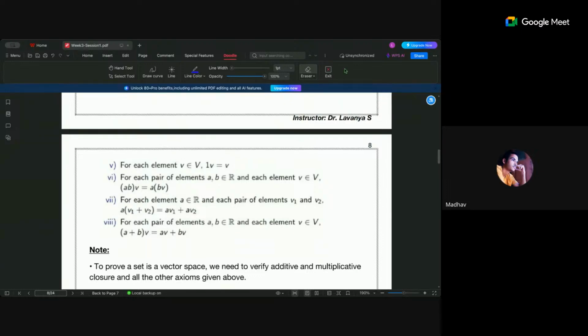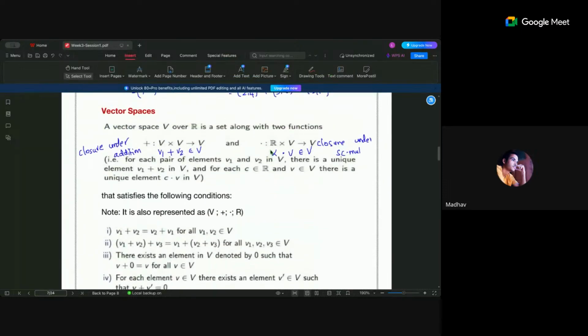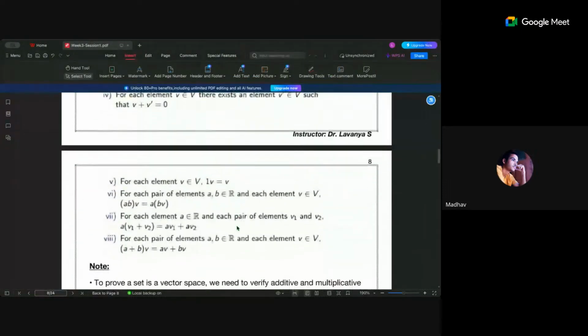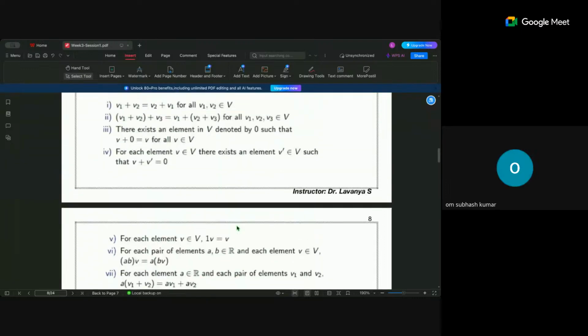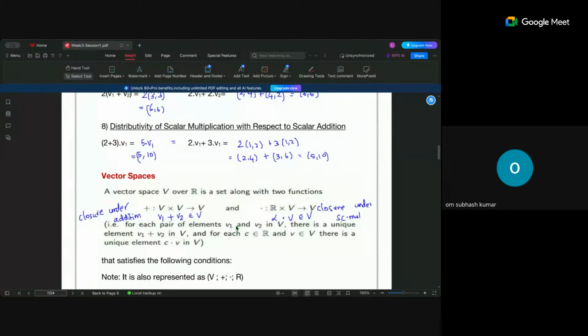If all these properties are satisfied for a set, then we call that set a vector space. You understand? All 8 properties, ma'am. Yes, all 8 properties together with closure under addition and closure under scalar multiplication.